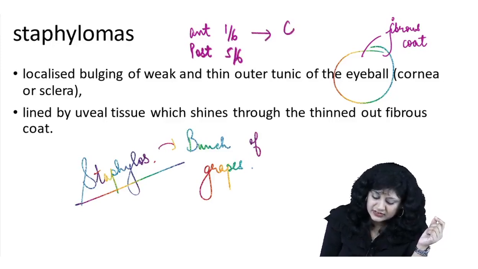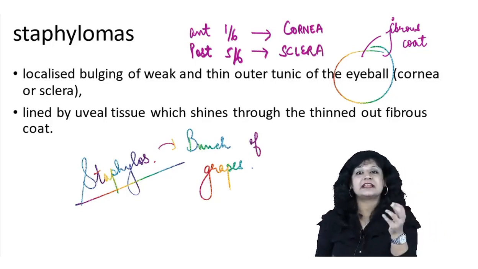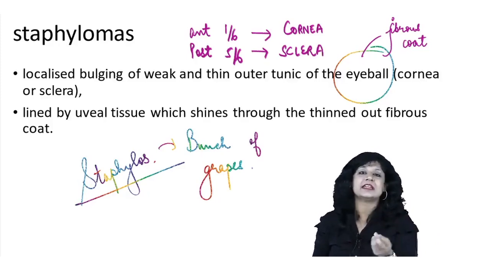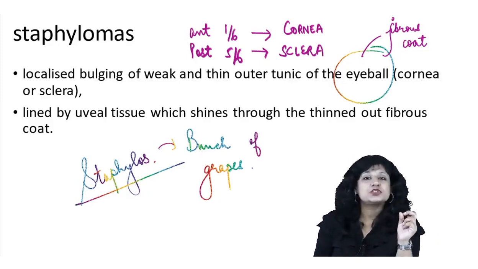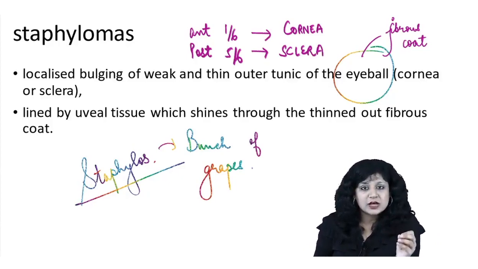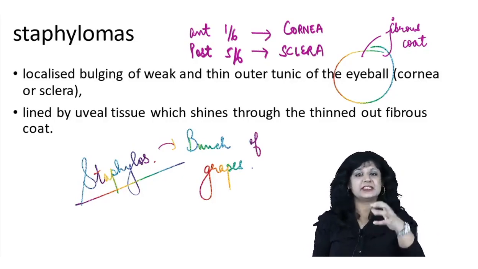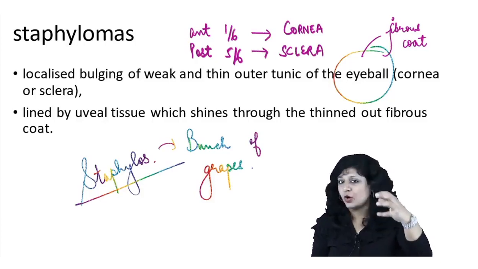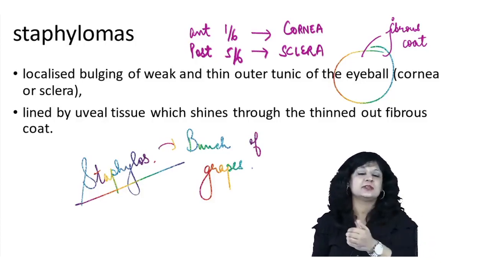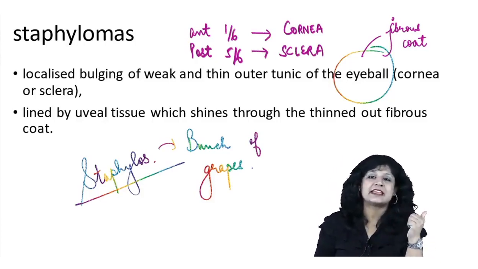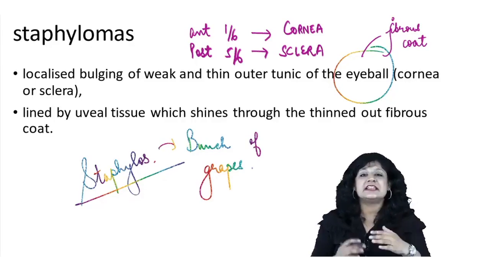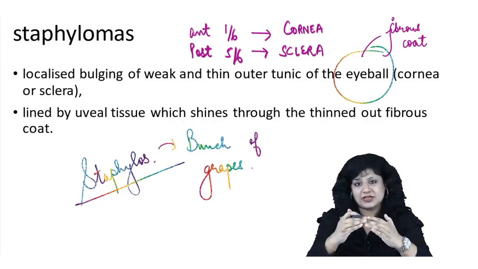Anterior 1/6 is the cornea and the posterior 5/6 is the sclera. So whenever there is thinning or weakening in this outermost coat of the eyeball, be it the anterior 1/6, that is cornea, or the posterior 5/6, that is the sclera, it leads to bulging of the eyeball.